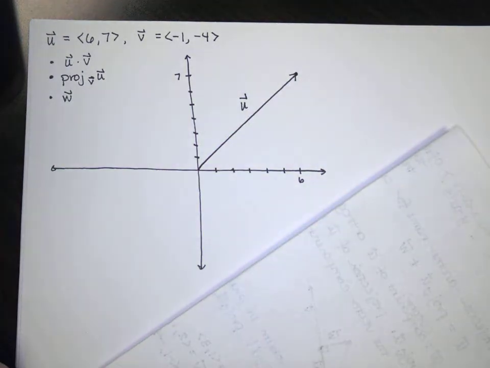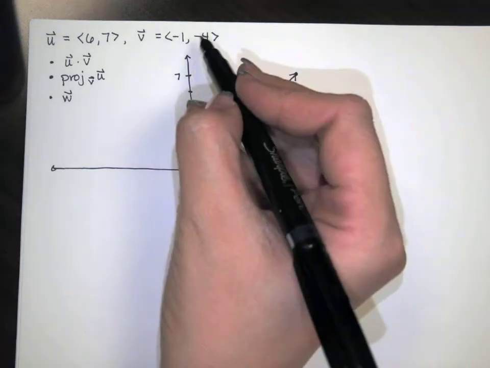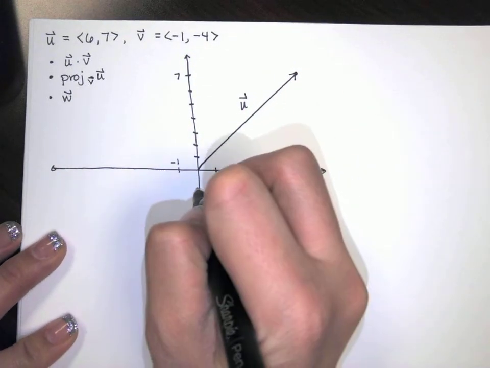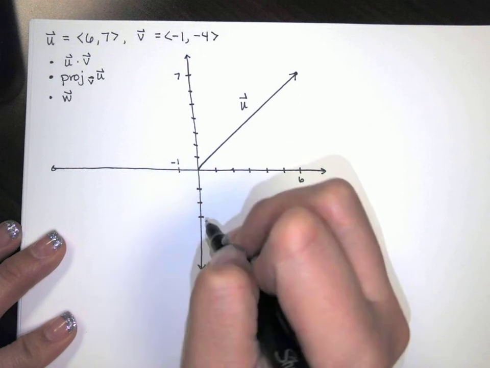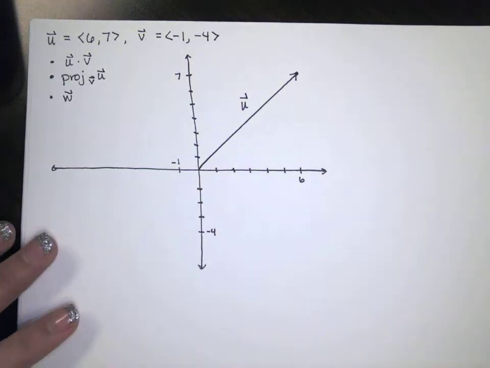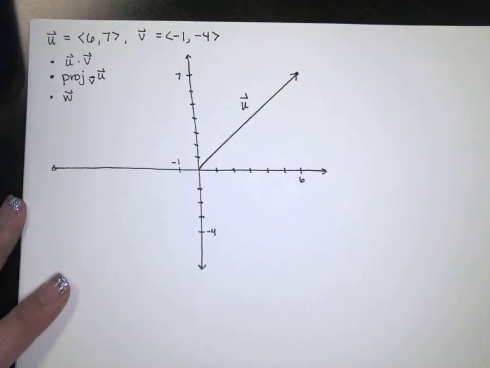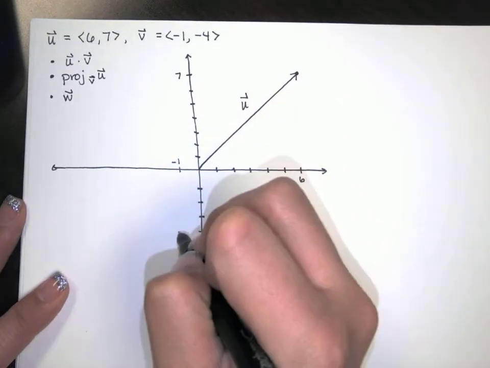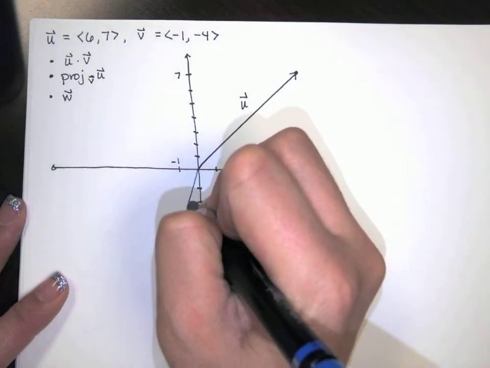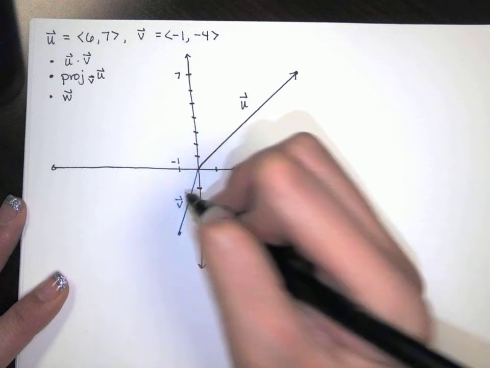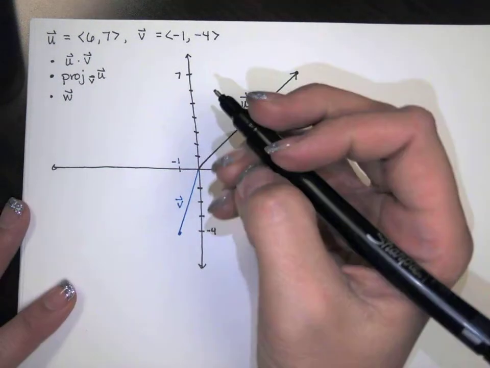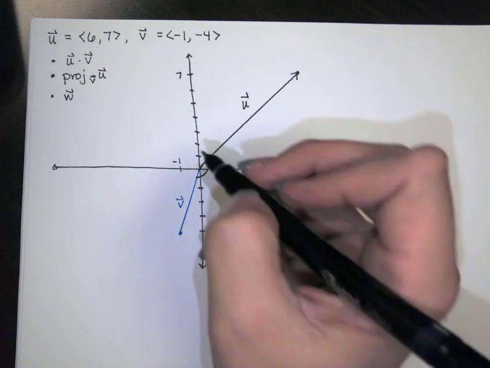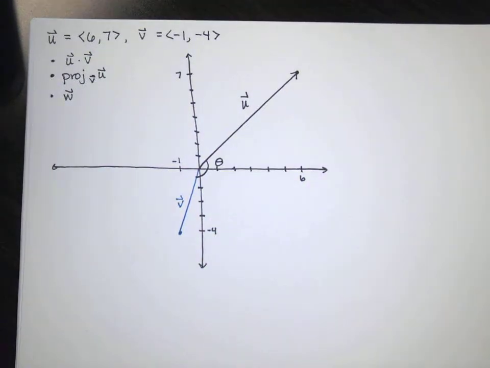And I also want to draw the vector v. So this says go -1 unit in the x direction, and then down 4 units in the y. So I'm going to use blue for v, go over 1 and down 4, and that's v. So looking at my picture, it's clear that my angle, the smaller angle between the two vectors, is obtuse.